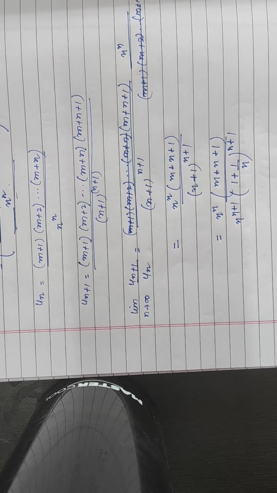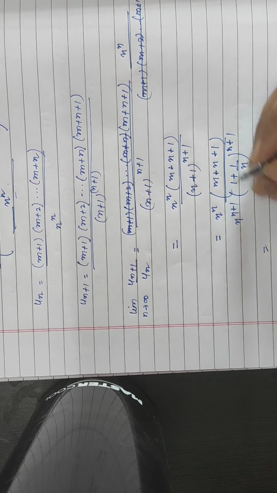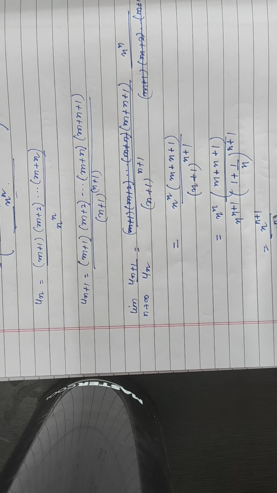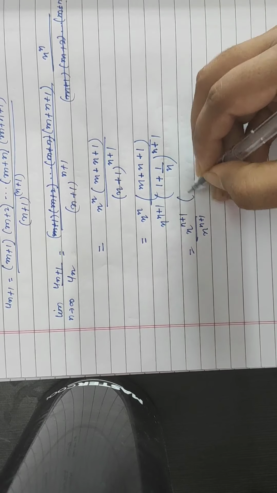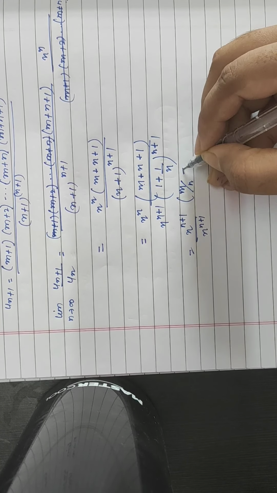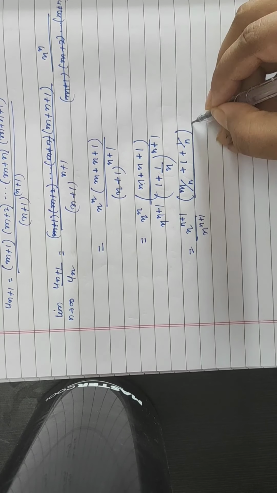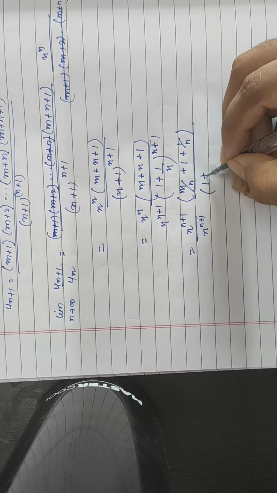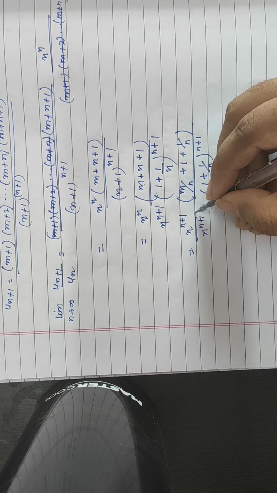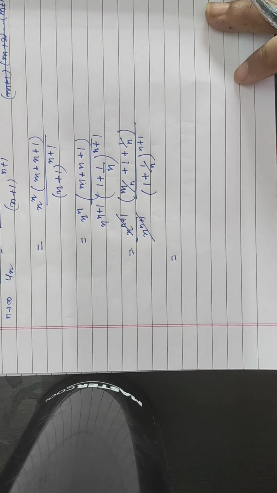So this is the value. Now again let's take one n common from this. This will be n to the power n+1 by n to the power n+1. From here we have taken n common, so n by n plus 1 plus 1 by n. Now this will be 1 plus 1 by n+1. Let's cut this down. Now can you see we have got this?